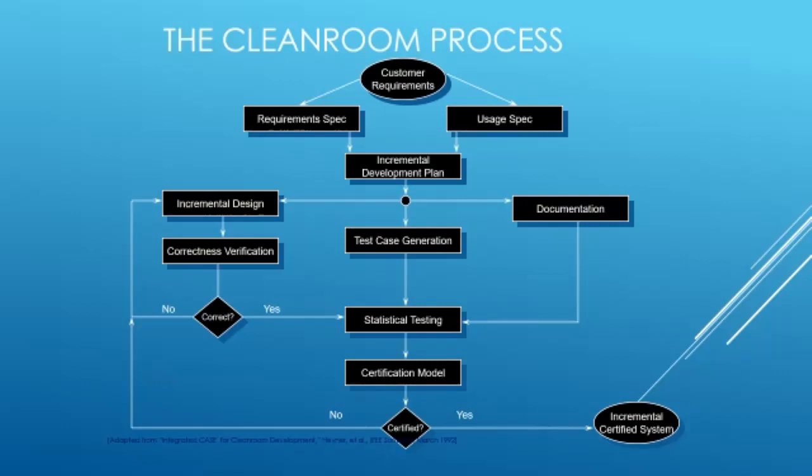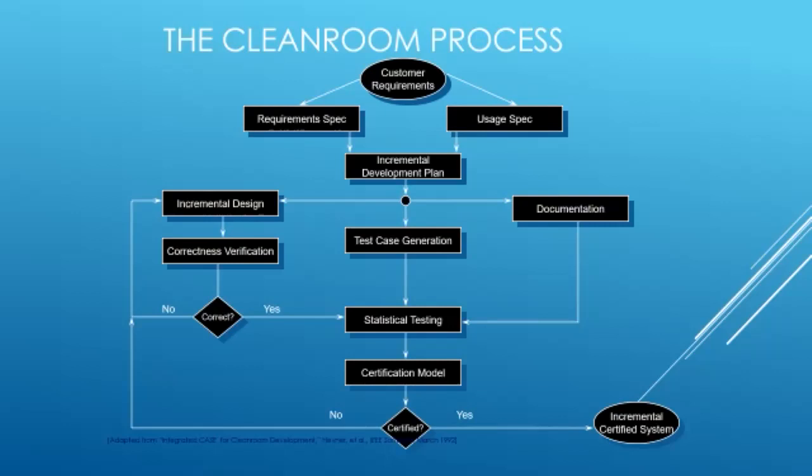These two are again combined in the incremental development plan, where the output of these two is input to the incremental development plan, and it goes further to division, that is incremental design and documentation. That means the incremental development plan is divided into design and documentation.